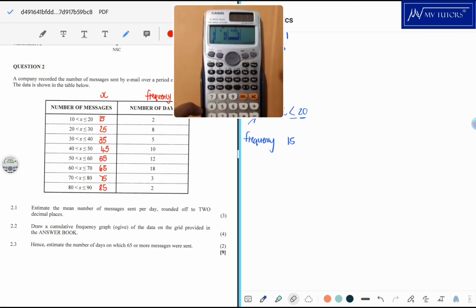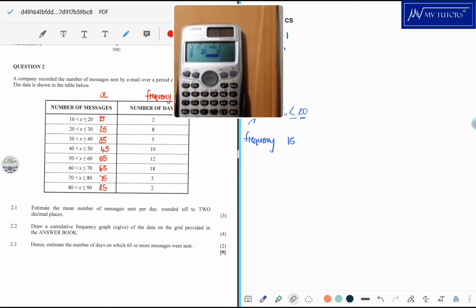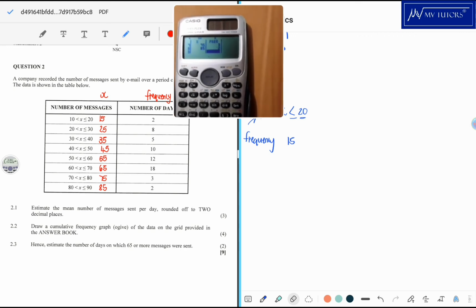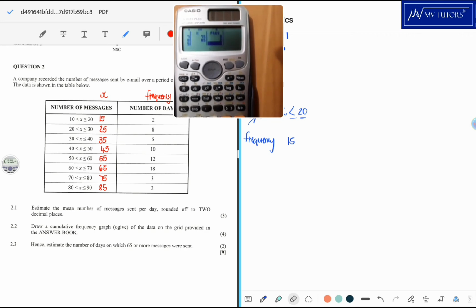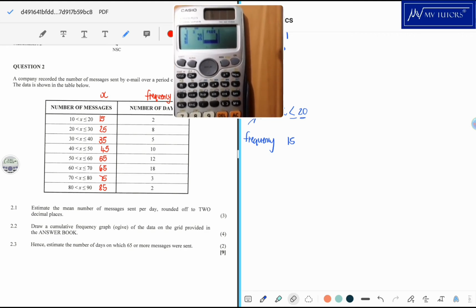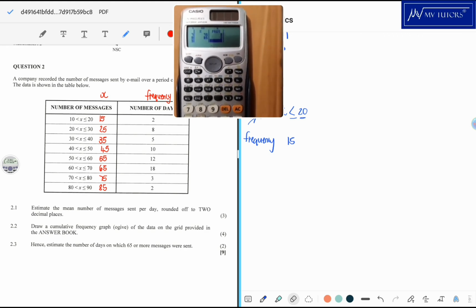So for 85 we have 2. Can you see it? Now for 2.1 it's 3 marks, so we'd have to do a calculation there, but if you're out of time you enter this data set in the calculator.